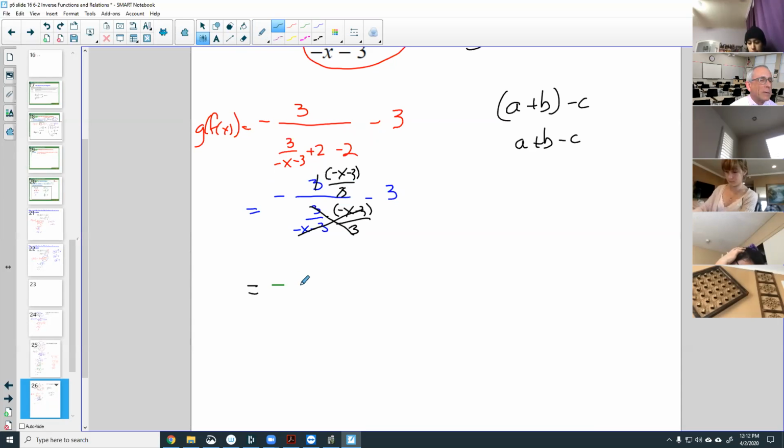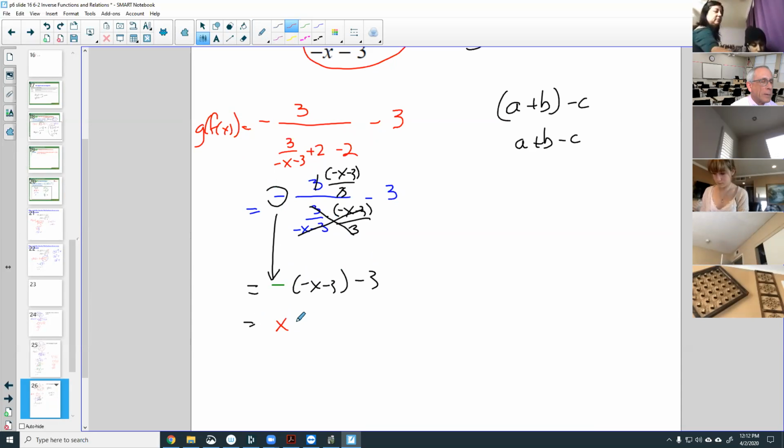And now what do I have? It'd be negative x minus 3 minus 3. And I still have this negative sign right there, right? Yeah. So Sandra, what do I have now? Positive x plus 3 minus 3. Yeah, and so what does that work out to be? x. There you go.